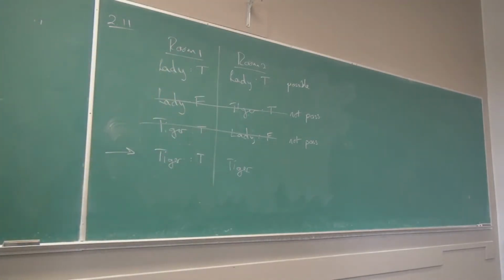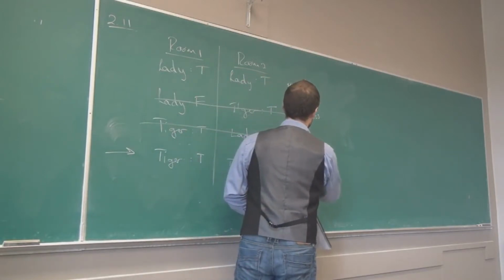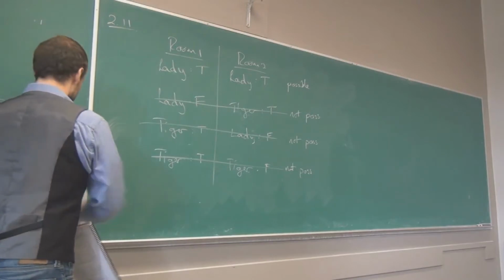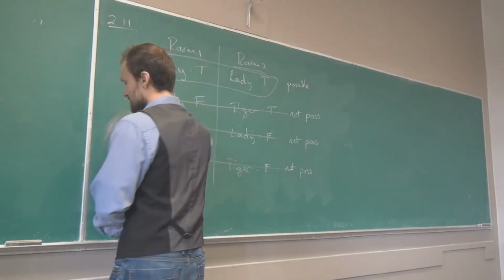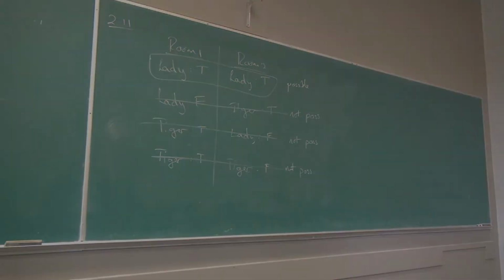Door 2, a lady is in the other room. False. So as hard as it was to believe, that is the luckiest prisoner ever. Let's put a little box around it if we don't want to write a sentence. And the prisoner is free regardless of what they choose.